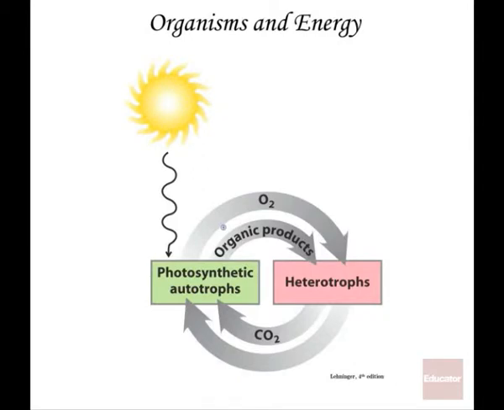To see it in pictorial form, you can see here that the autotrophs use the sun plus carbon dioxide and create glucose, and the heterotrophs consume the plants, and then some heterotrophs consume other organisms.